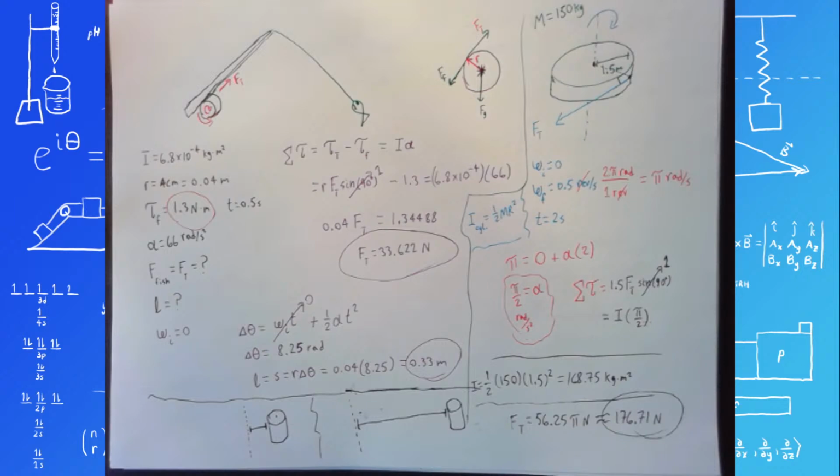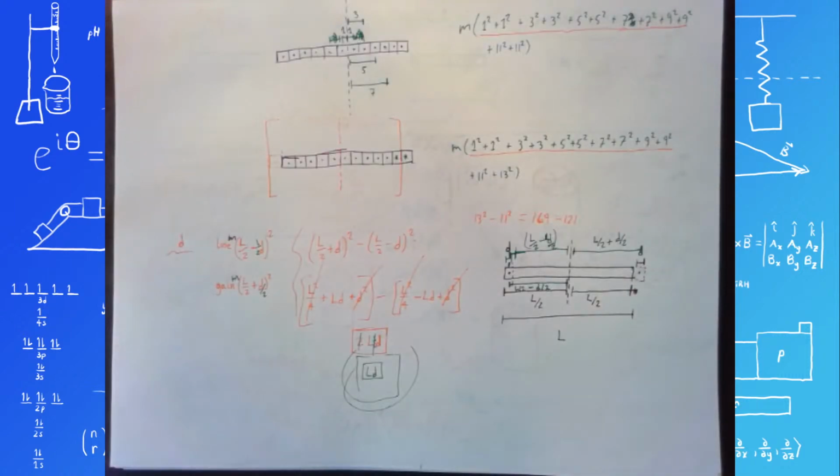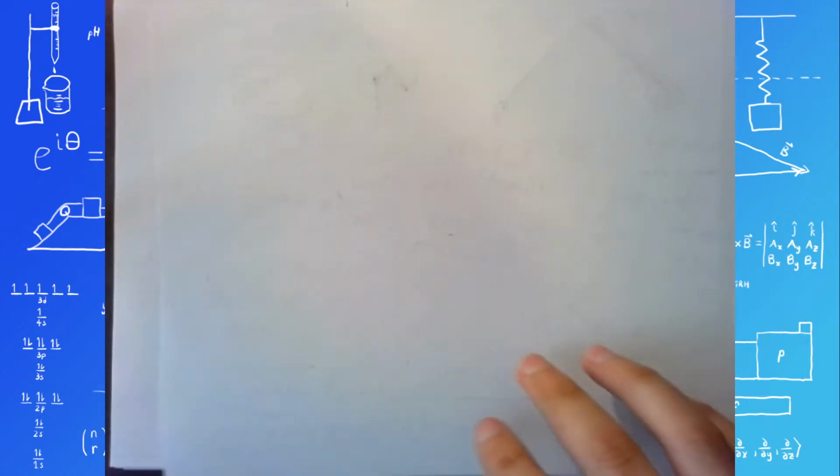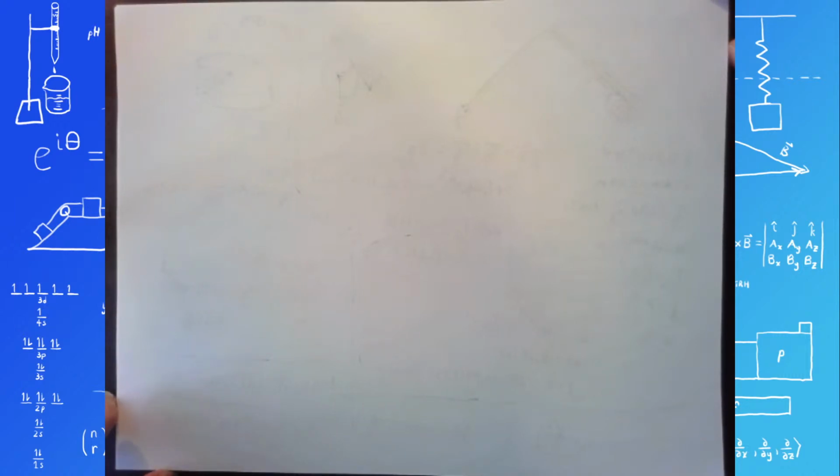The plan for today is to discuss rotational kinetic energy and also do some energy problems and talk about potential energy and how our new understanding of concepts like center of mass can affect that a little bit.